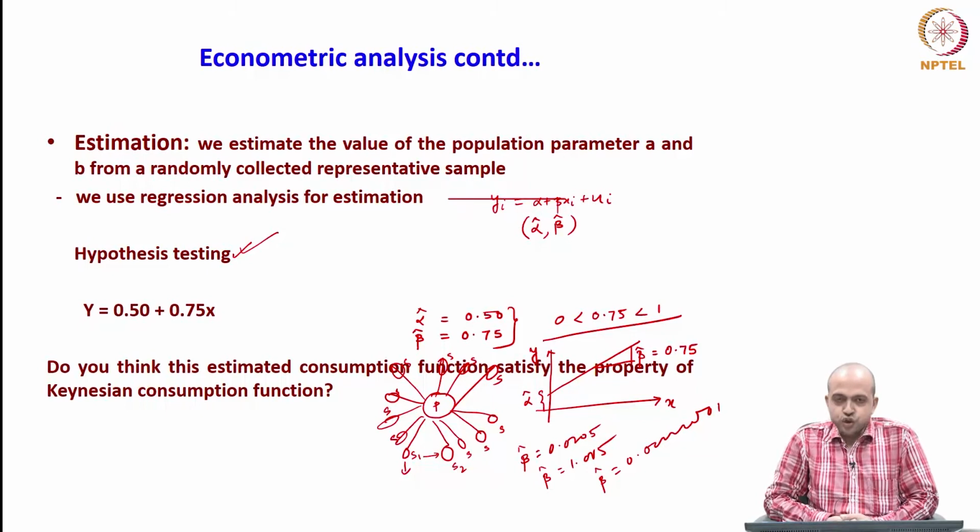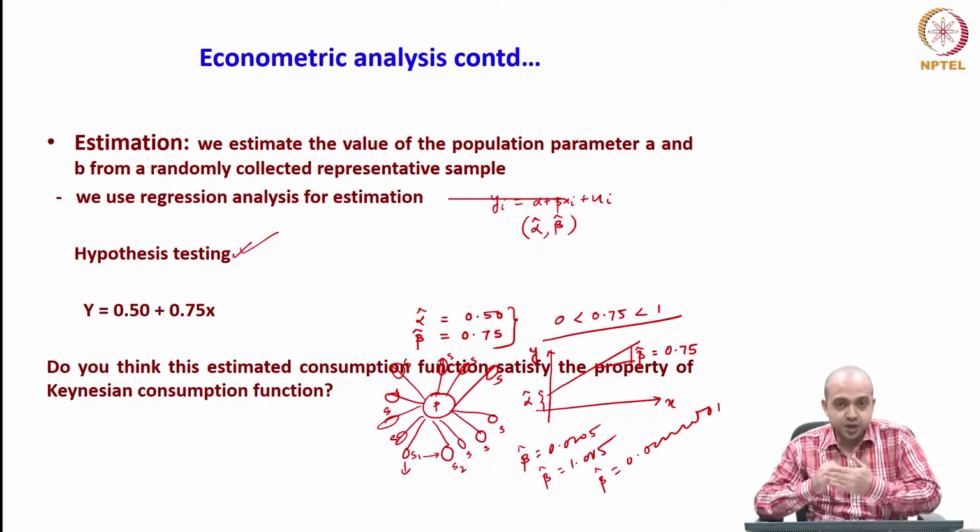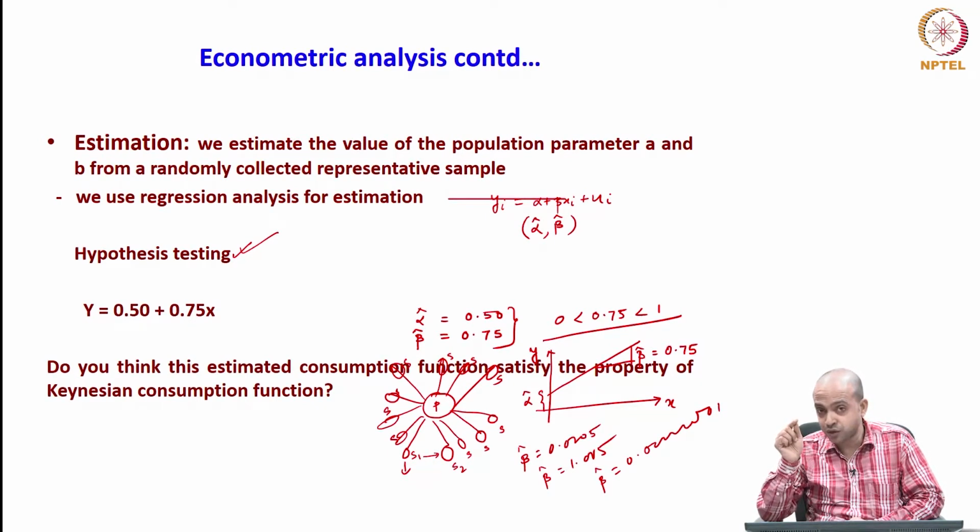The detailed procedure of hypothesis testing we will discuss in detail, because hypothesis testing is the most important part of our econometric analysis. Because there, if you recall what our objective of econometric analysis was, it is drawing inference about the population parameter.